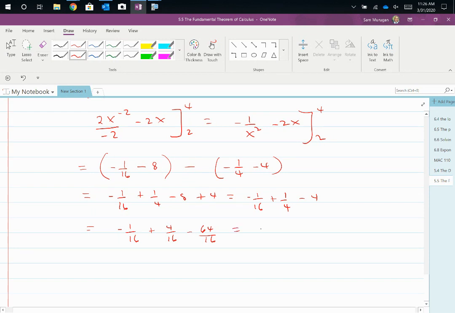So this is 1 plus 4 minus 64 over 16, which is, what is that? 60. Sorry, this is negative 1. So this is negative 61 over 16. Negative 61 over 16. Let's see if that's correct.